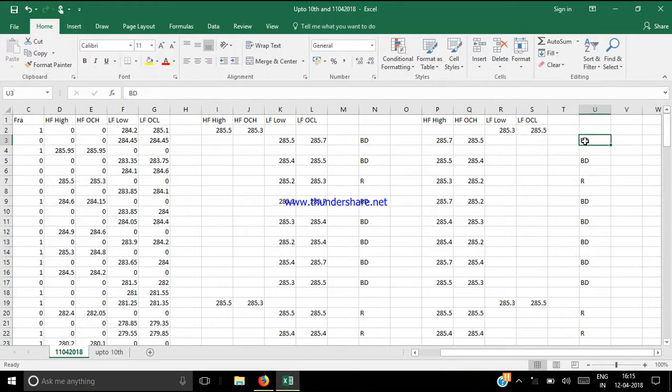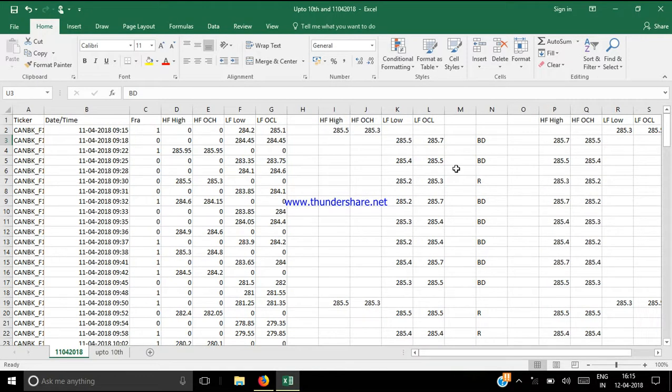Once you apply the macro program written for these two scenarios, embedded into the program, the result should be on all these values. Only those which need to remain should remain. Other things should disappear.